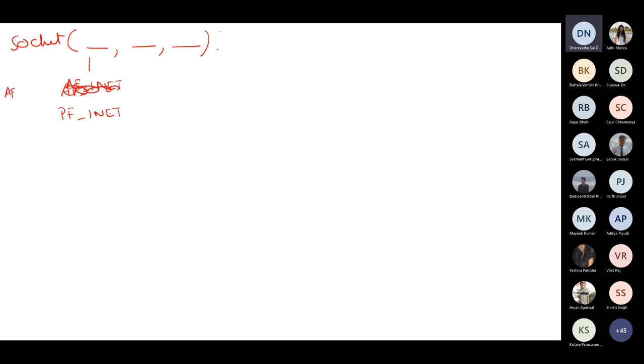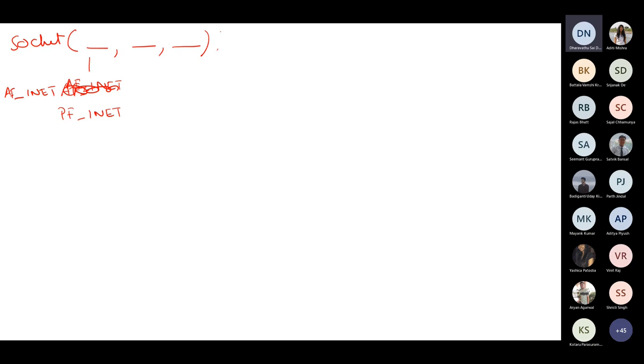So this is AF_INET or PF_INET. This basically tells that you are using the internet family of sockets. Now, sockets came from BSD, Berkeley sockets, in the early 80s.